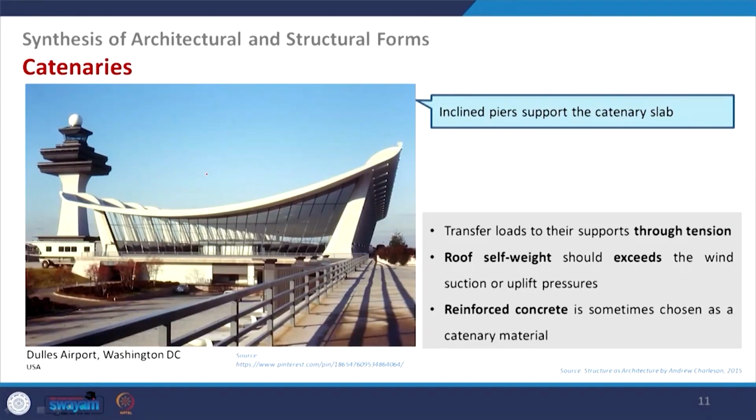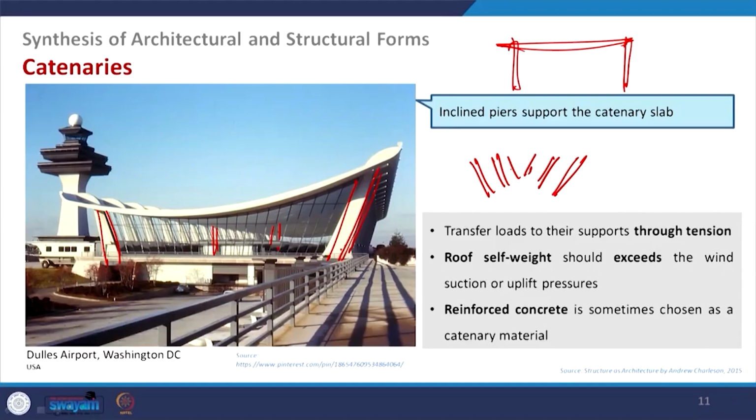Now, move to the catenaries. Already we have discussed that there will be two poles and a member just resting on that and it is giving a form of a portal. So, here this is the example of Dulles Airport, Washington DC. So, here you can see this is a terminal building, because your terminal building should have some openness and you should not really obstruct it with a regular number of columns and all.